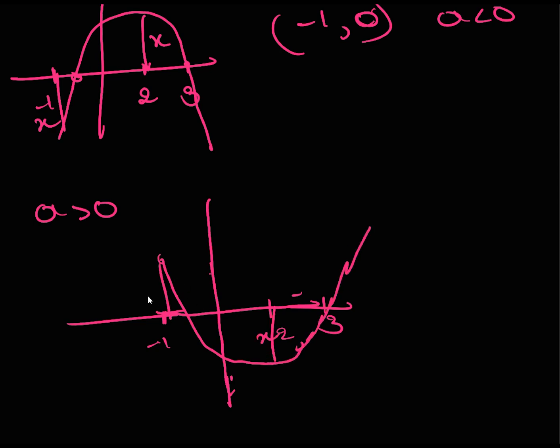For this case also we got the other root lies between minus 1 and 0. Hence, the root other than 3 lies between minus 1 and 0.